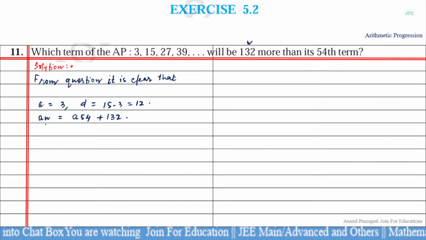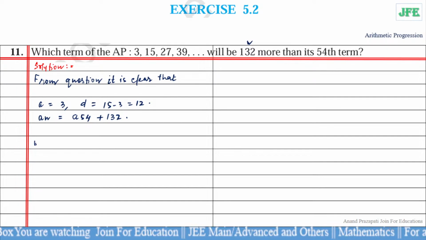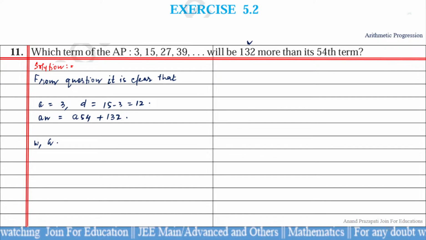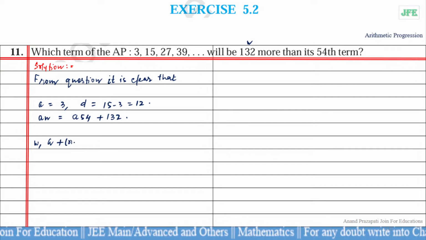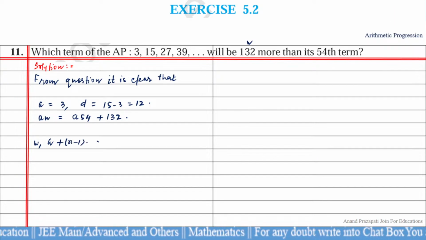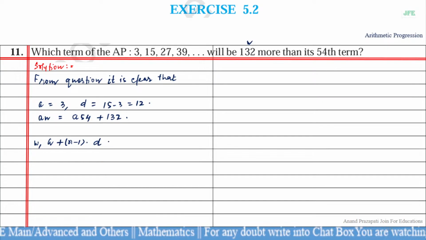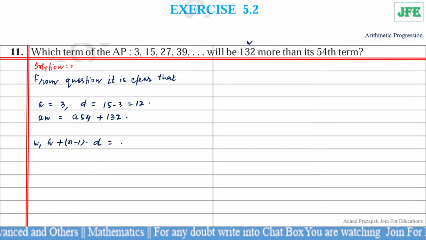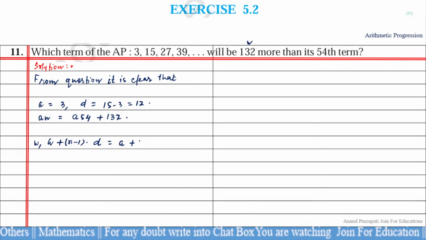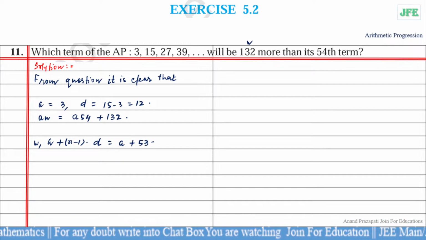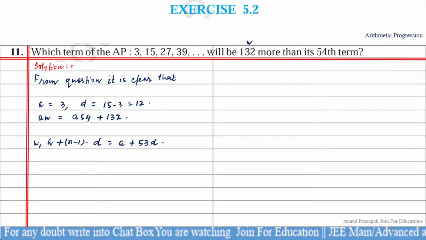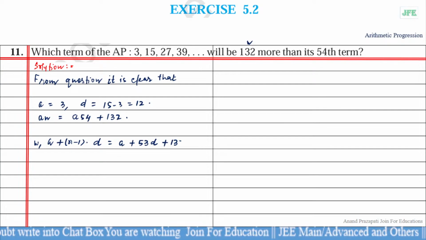So we know that an equals the first term a plus (n minus 1) into d, and a54 equals a plus 53d, plus 132.